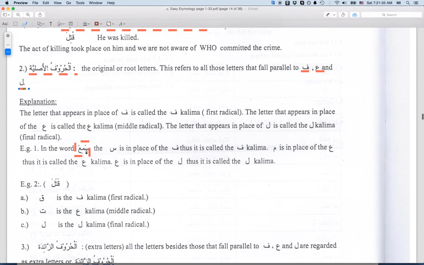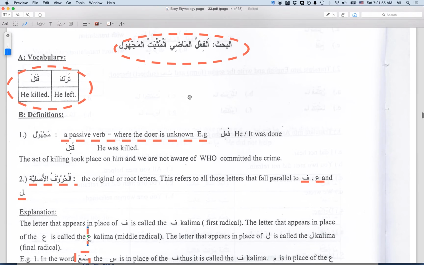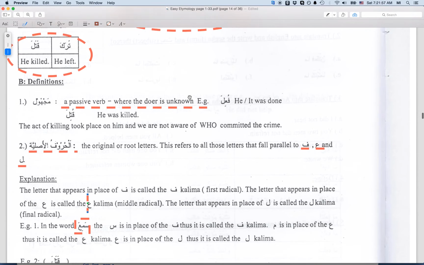So the seen falls here in place of fa. Mim is in place of ain, and ain is in place of lam. So sami'a right here, seen in place of fa, it's called fa kalma. Mim is the ain kalma, and ain is the lam kalma. Just try to look up previous lessons if you don't understand.